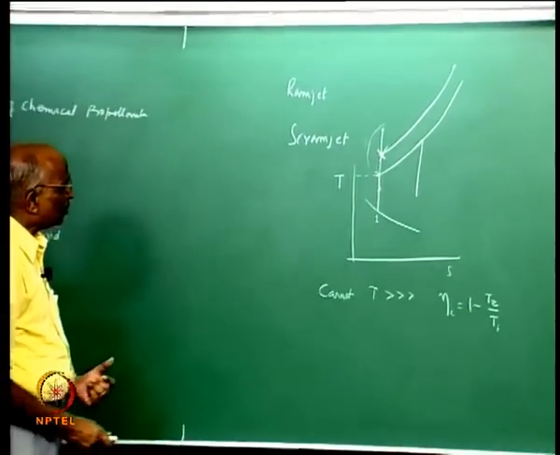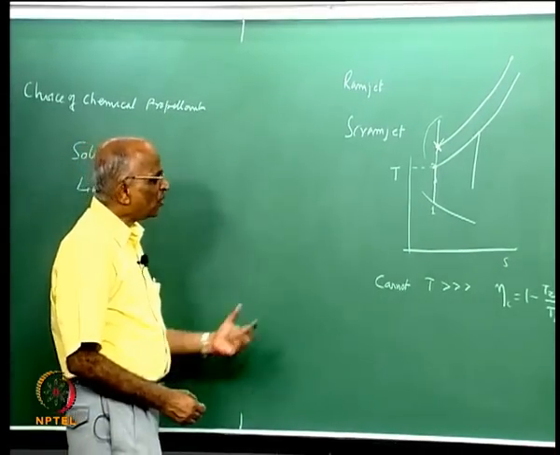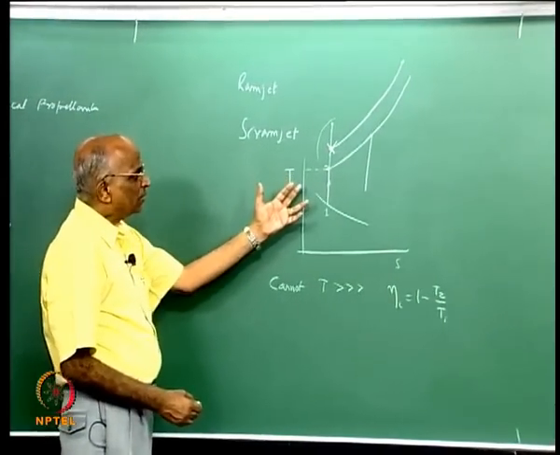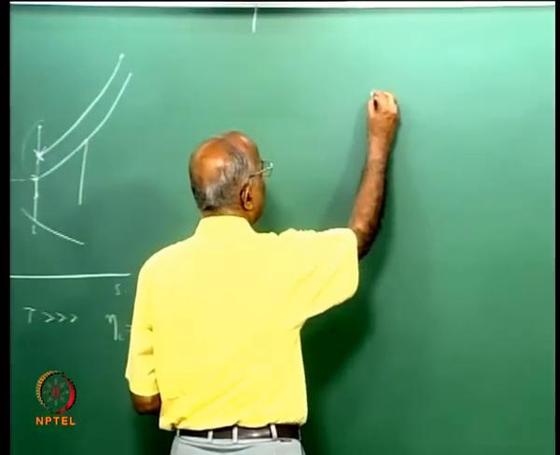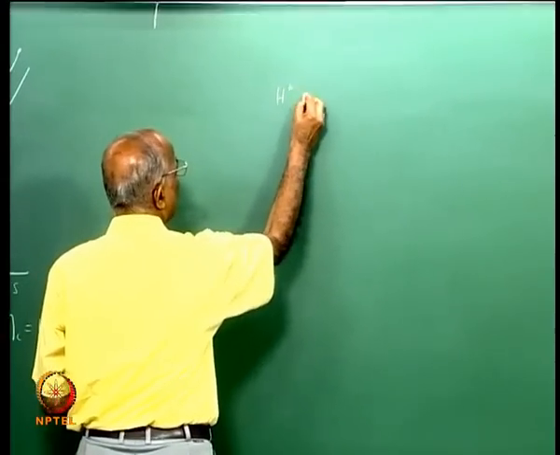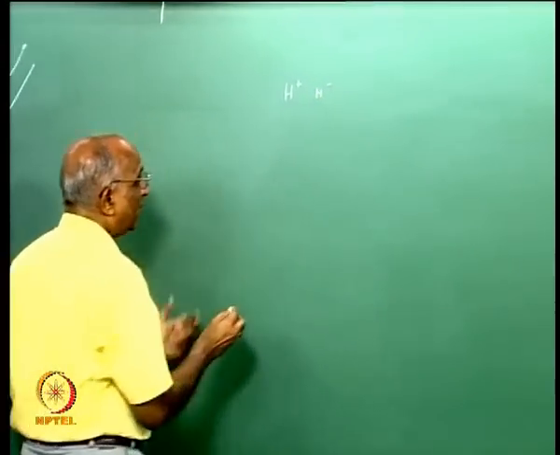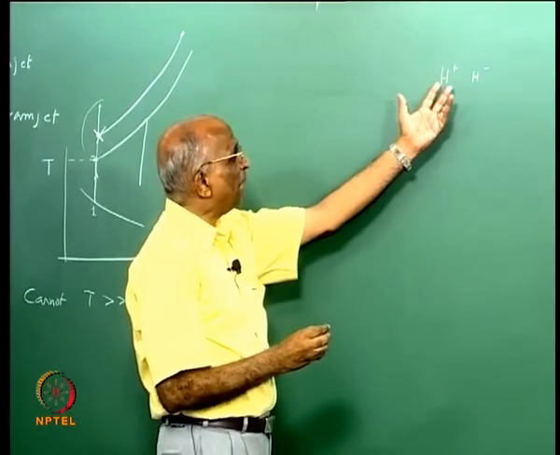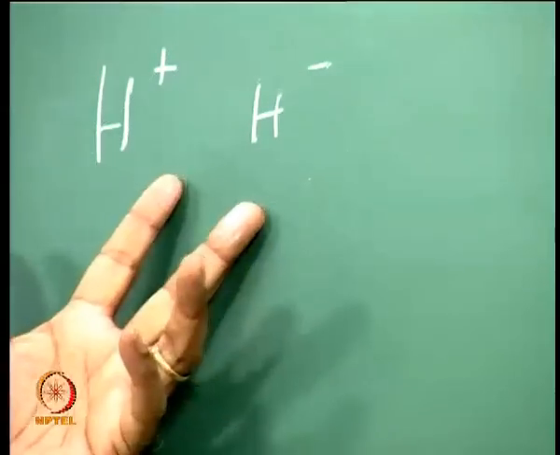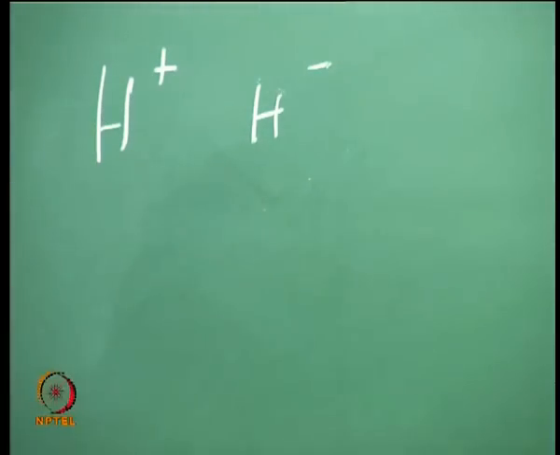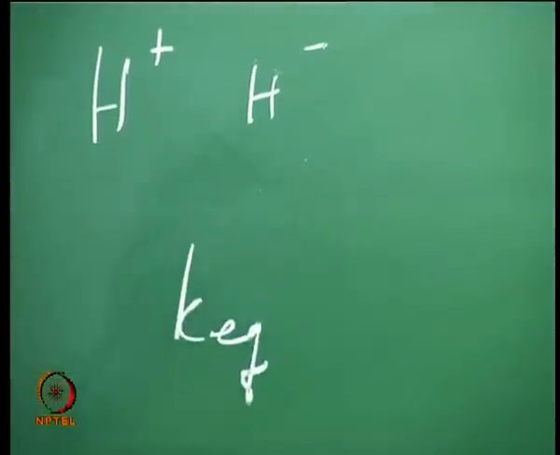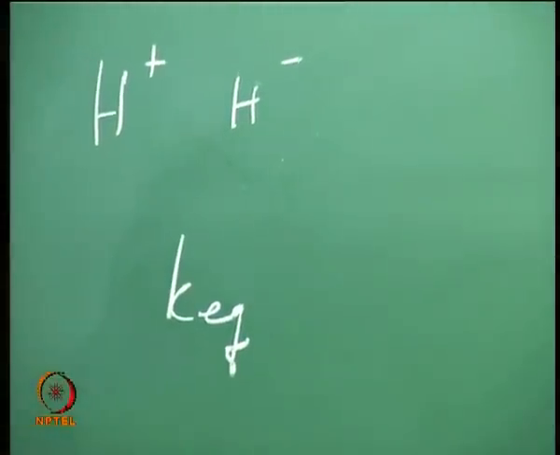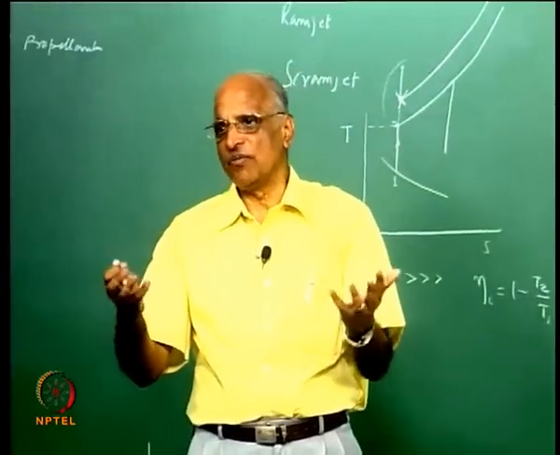Another point which I thought I must make is, it is not only the species which are getting dissociated, but when I go to high temperatures I can also get H plus, I can get H minus, I can get the plasma coming over here, and I can write the equation to these plasmas using the equilibrium constant and also find out how much of the atoms get into the different forms of excitation.